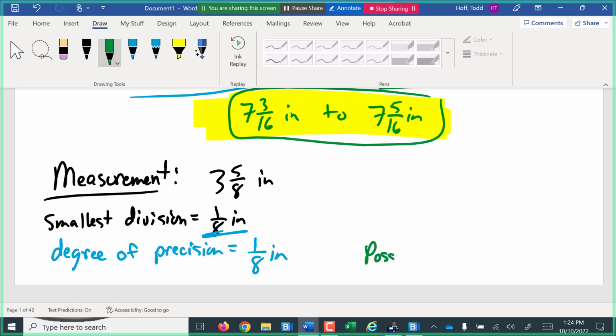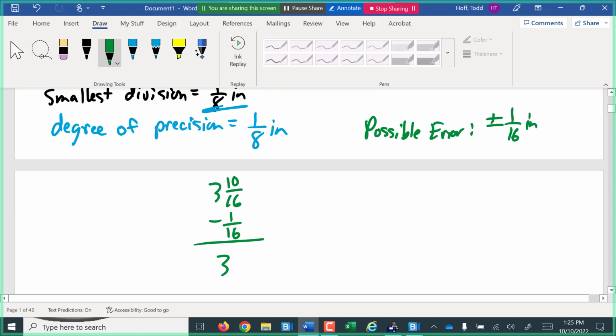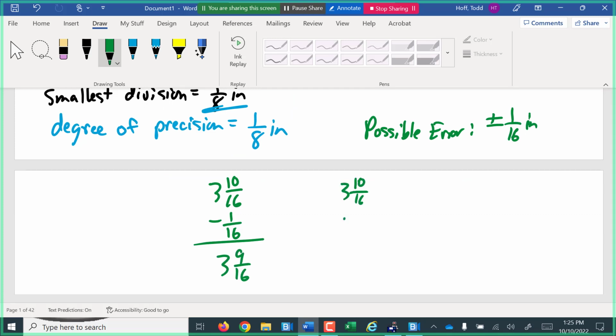So that means the possible error is plus or minus a 16th again. So 3 5/8 is 3 10/16. So minus a 16th would be 3 9/16, plus a 16th would be 3 11/16.